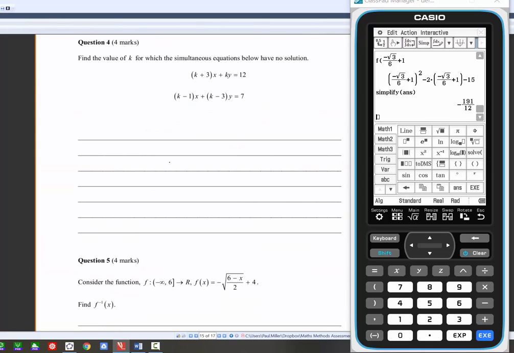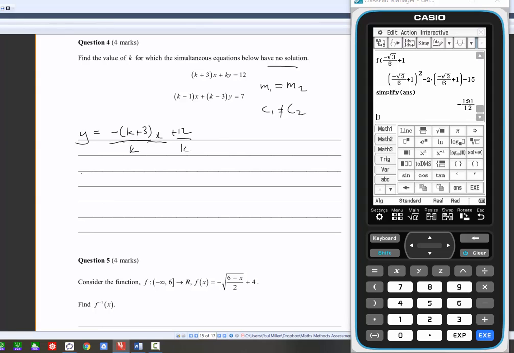Almost there. All right. The old simultaneous problem. All right, so what we're going to do is we have no solution, which is m1, same gradient, different y-intercept. Okay, so let's transpose these to make y the subject. For the first one, y equals negative k plus 3x, plus 12 over k.